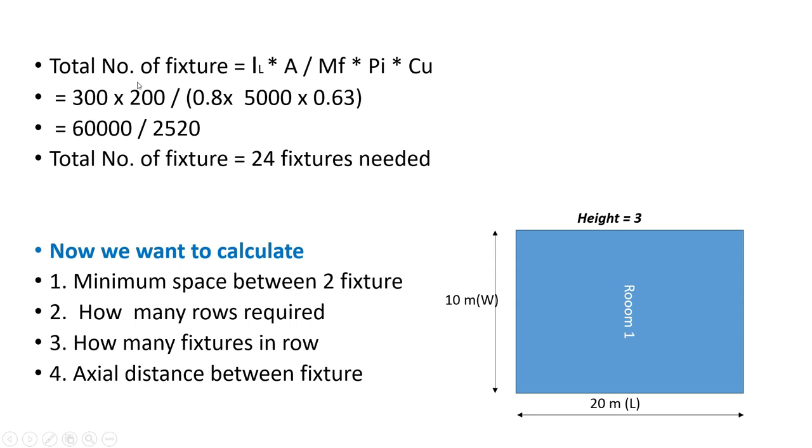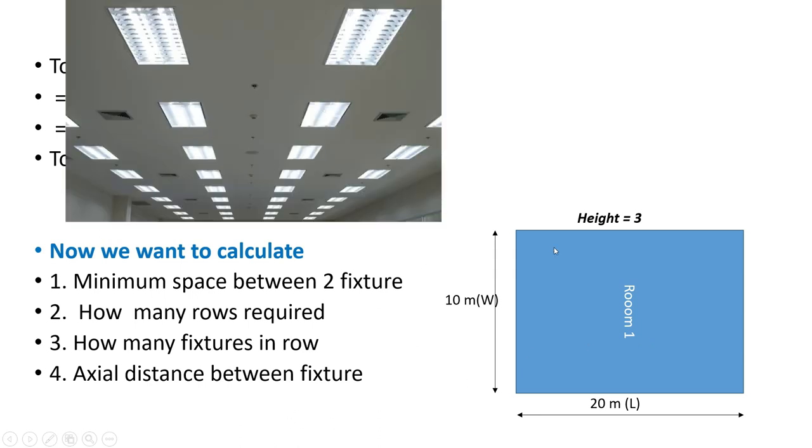So now I got it, the total fixtures required is 24, but the remaining questions are the minimum space between each fixture, how many rows are required, how many lamps I need to connect, and the axial distance between each fixture.